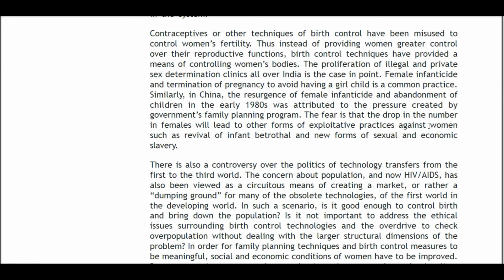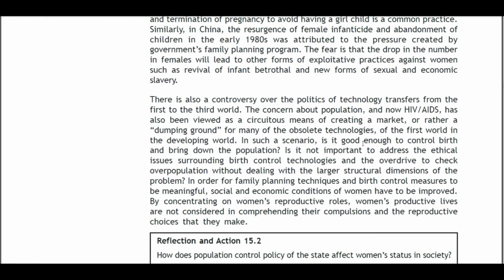The fear is that the drop in the number of families will lead to other forms of exploitative practices against women, such as a revival of infant betrothal and new forms of sexual and economic slavery.